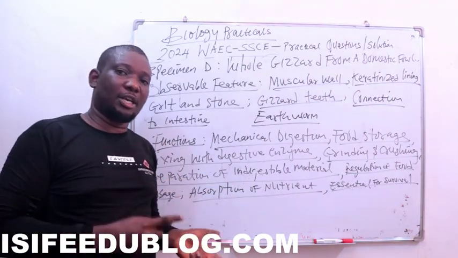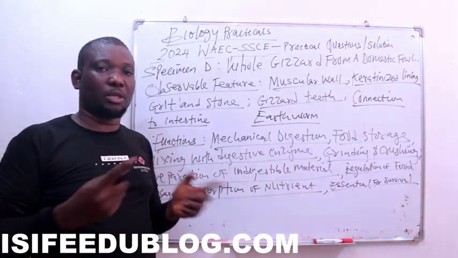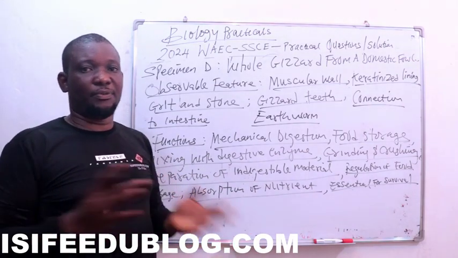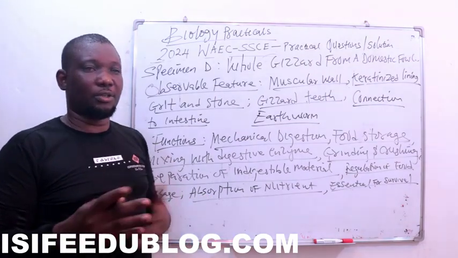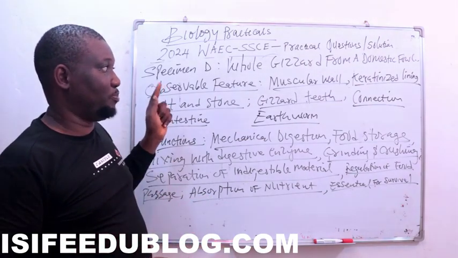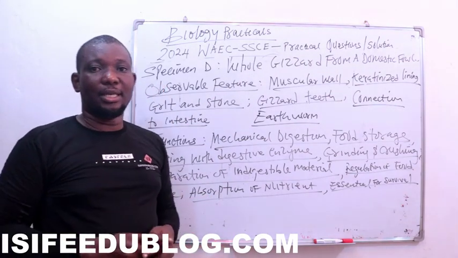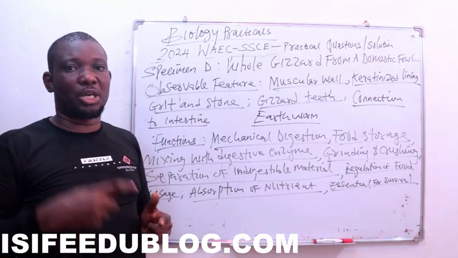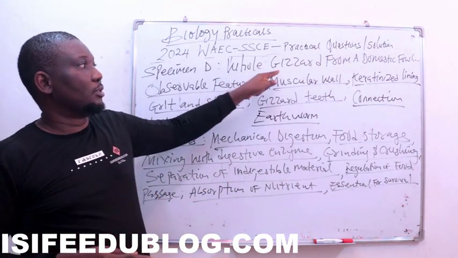I said the liver can also aid some functions, some digestive-related functions and other functions, but this one specifically is a digestive function. So I'm not talking about the alimentary tract of a fowl without the gizzard.